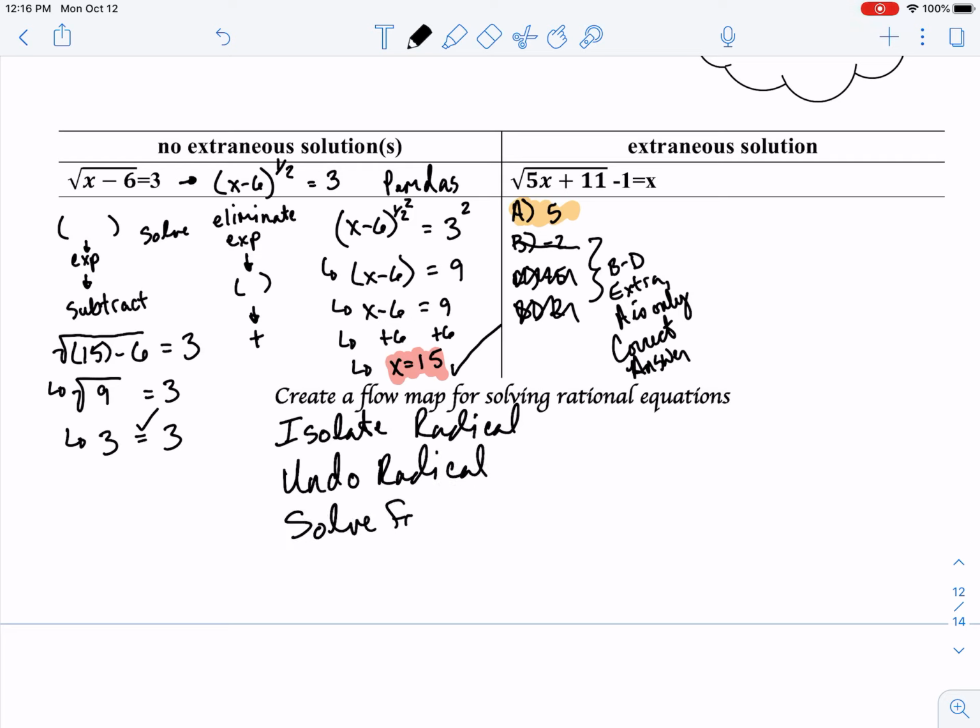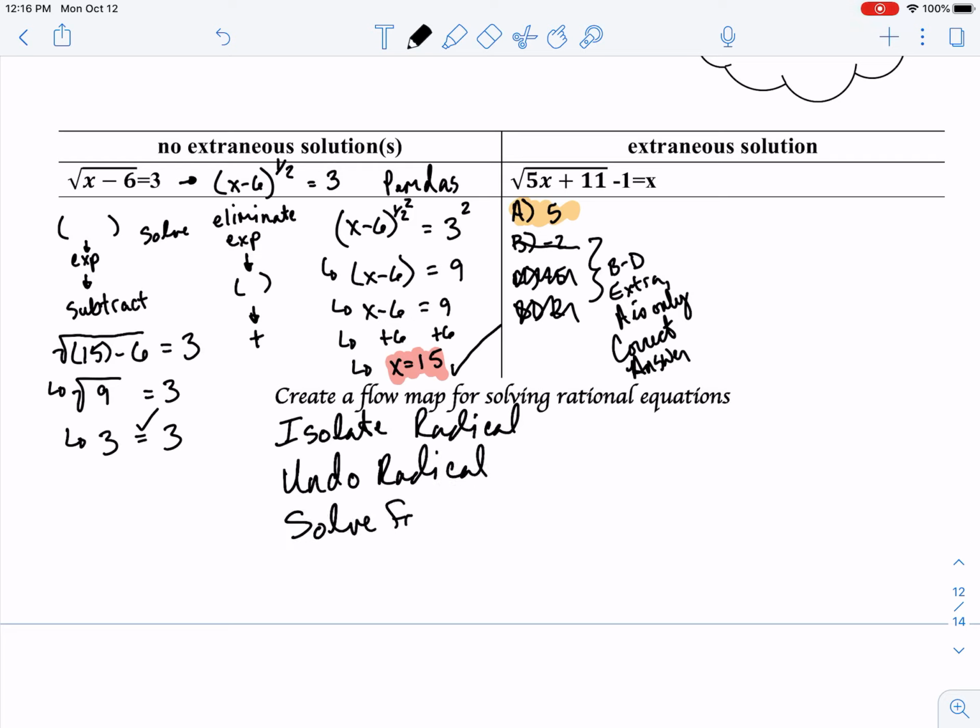I want to get all of this in the red by itself, so I would add 1 to both sides. Then I would be left with square root of 5x plus 11 is equal to x plus 1. So I've isolated the radical. Now I want to undo it, so I square both sides.